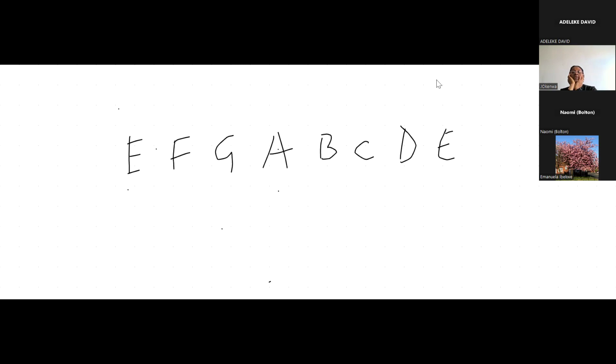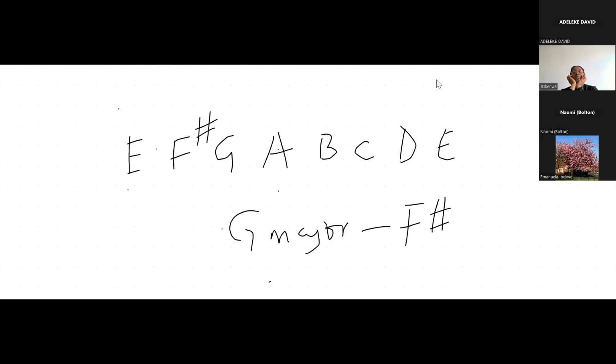The relative major is G major. And G major has what? One sharp, which is F. So the first thing we do is what? We sharpen F. So we have done 2 assignments on that now.